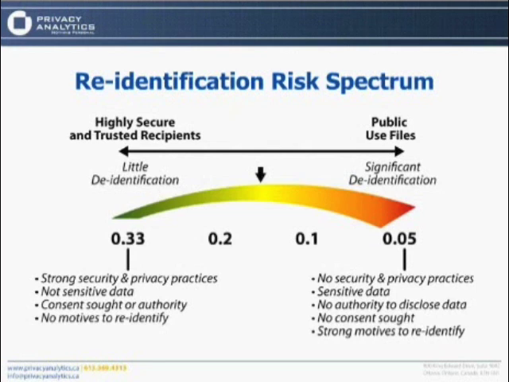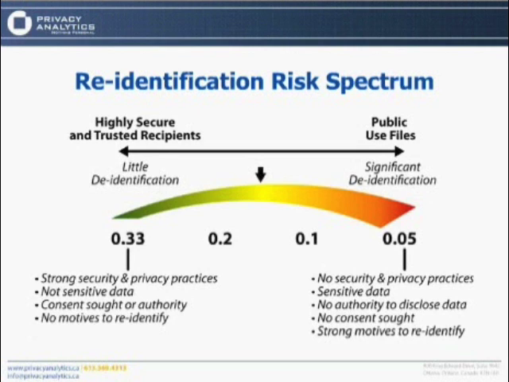We look at identifiability as falling on a spectrum. The numbers you see here are probabilities of reidentification, varying from 0.33 to 0.05. That set of probabilities is the set of values that have been used thus far for releasing all types of personal information: health data, justice data, education data, census data.